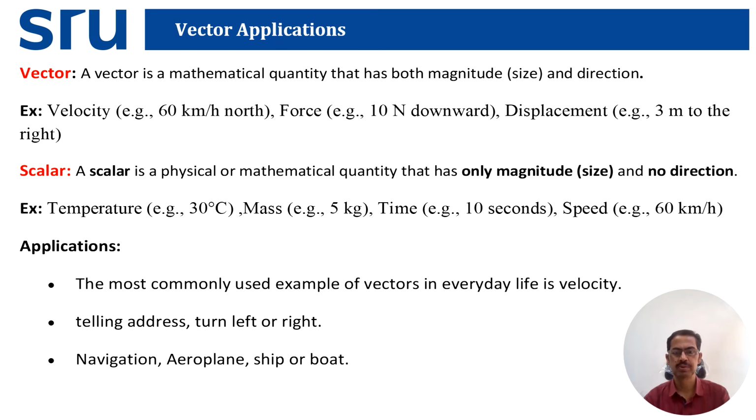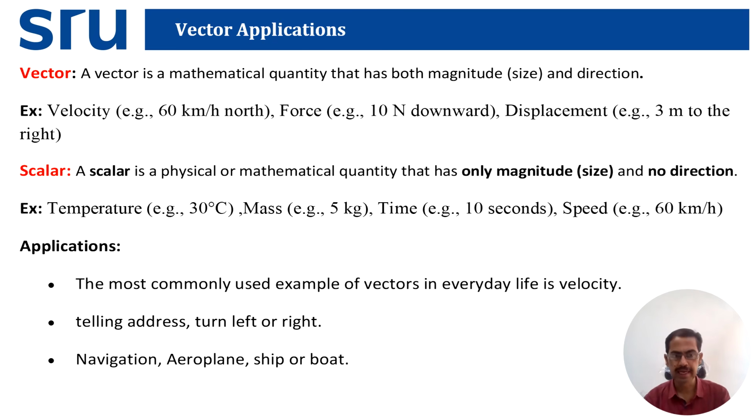It is only magnitude. Mass, 5 kgs of mass or 100 kgs of mass. Next example is time, 1 hour or 10 hours, like that. Speed, 60 kilometers per hour, right? No directions. So now this is about vector and scalar definitions.